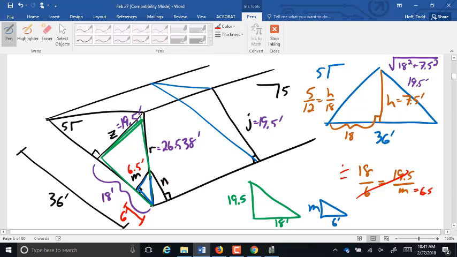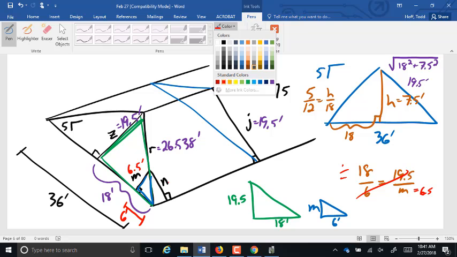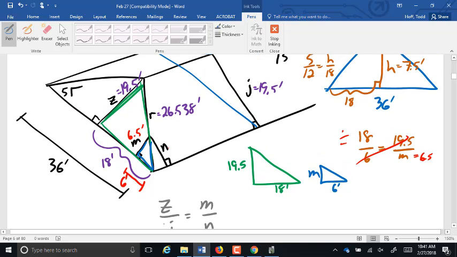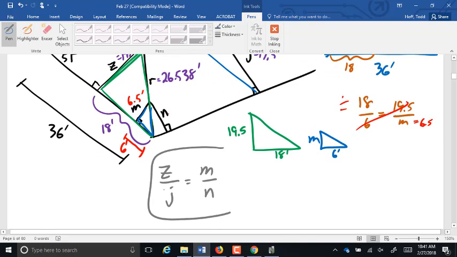How would I find N? The exact same way. The relationship of Z to J is equal to the relationship of M to N. Now, since Z and J are equal, M and N should be equal here. But if the slopes were different, that relationship holds true.